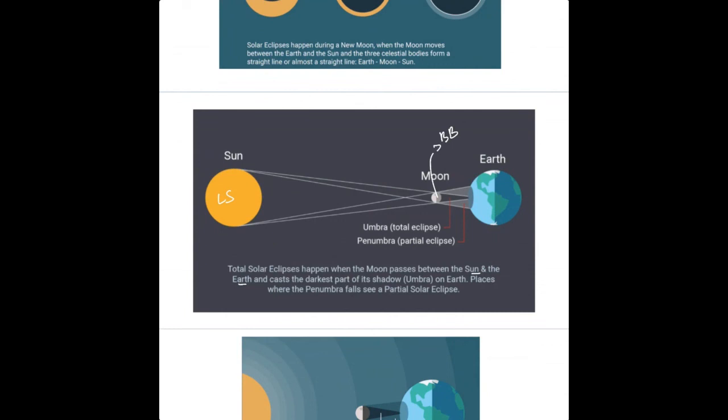The Sun's light rays are blocked by the Moon, and so they cause here an umbra. But since the light source is bigger, it also causes a penumbra. The people standing in the umbra zone here see a complete total solar eclipse. The people standing in the penumbra see a partial eclipse.